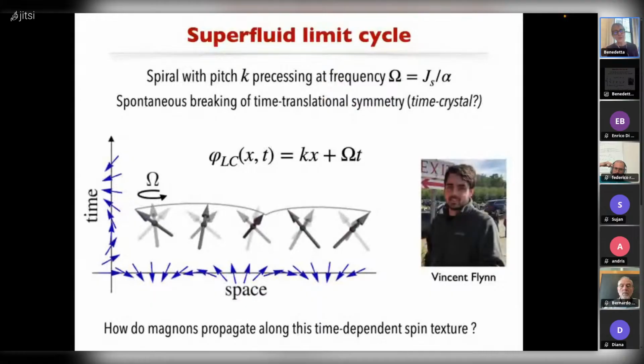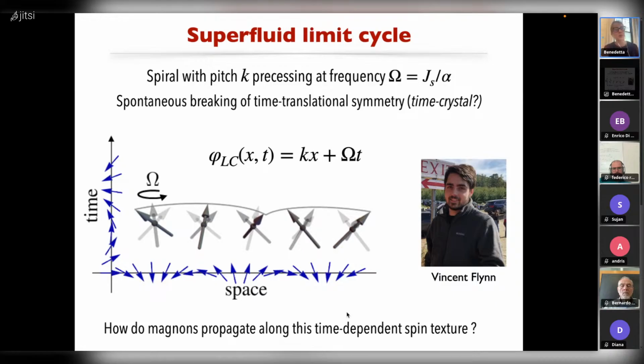Now, how does this look? We have, say, 10, 20, as many as you want, maybe 50 layers, and these layers are experiencing some local loss and gain and some coherent interaction, including DMI. We are driving them strongly out of equilibrium, and ultimately they reach this limit cycle solution.